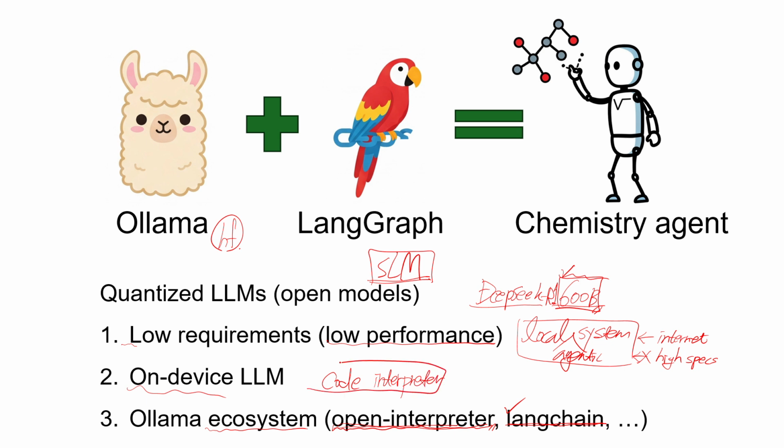And Open Interpreter is actually an open source version of code interpreter. So you can just connect Ollama to Open Interpreter, then you can use code interpreter in your local environment without an internet connection. And Ollama is connected to many different libraries and systems. So I chose to use Ollama in this session. So yeah, let's test Ollama in the next video.